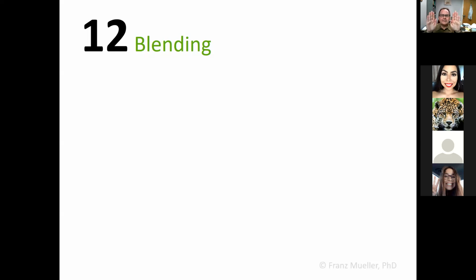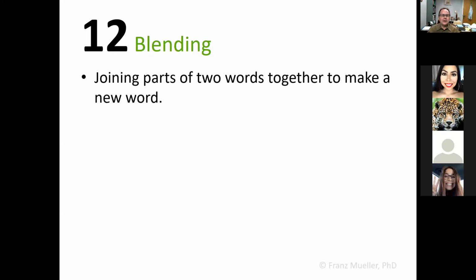So compounds have the two original words neatly side by side, bookstore. A blend will mash the two words together. This is how we get words like smog, which originally was made using the words smoke and fog. Now, if we were going to make a compound, it would be smoke fog, or maybe fog smoke, whichever way you like it.